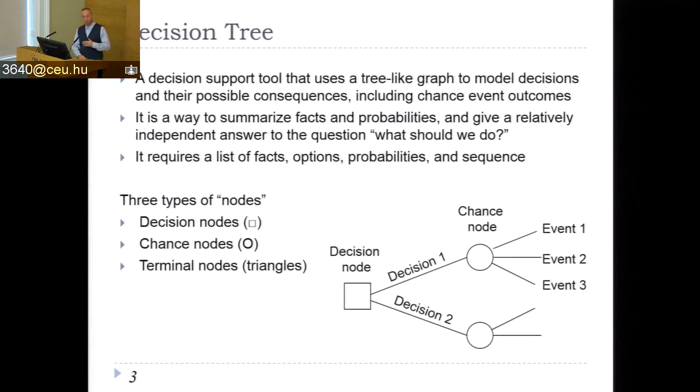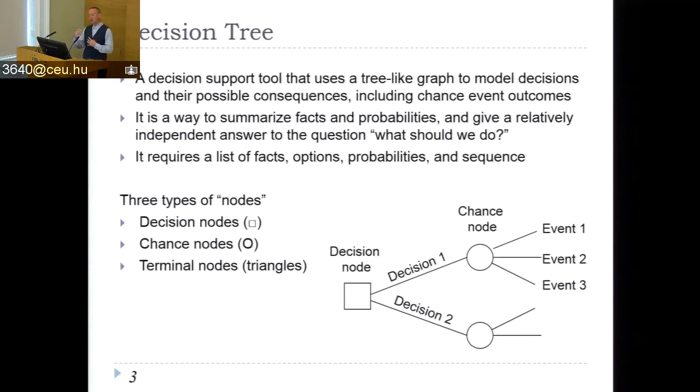I can walk all the way, I can walk part of the way and then take public transport, or I can take public transport the whole way, or I can call a cab using Uber. So there are a number of different approaches that we can use.